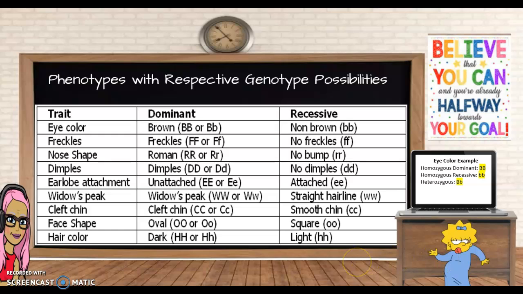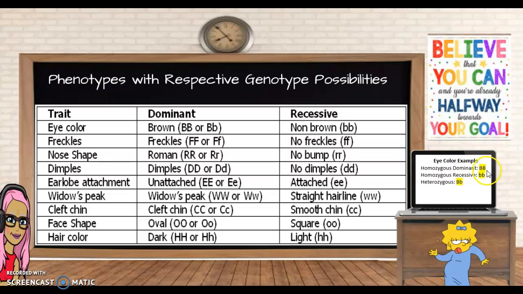So here is a table with phenotypes and their respective genotype possibilities. It's showing traits, your dominant alleles and your recessive alleles, these allelic combinations. And here on the side, I have an eye color example.